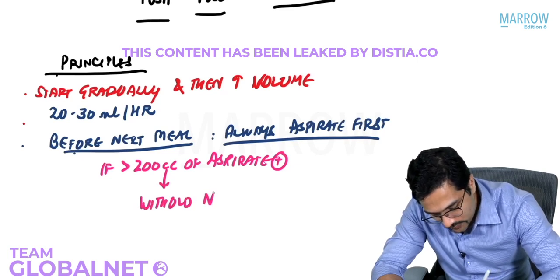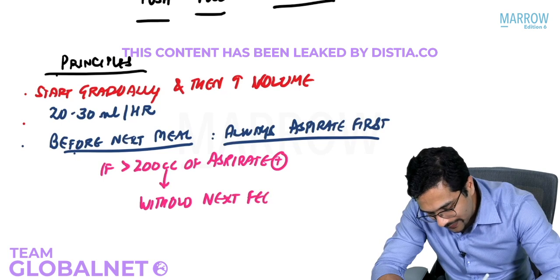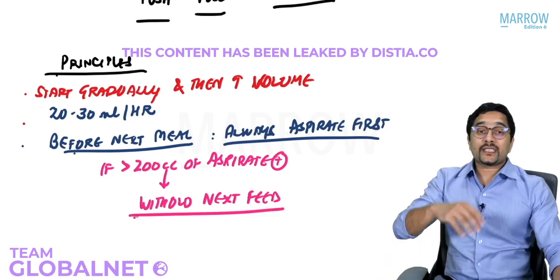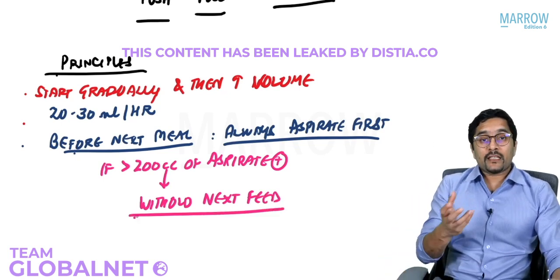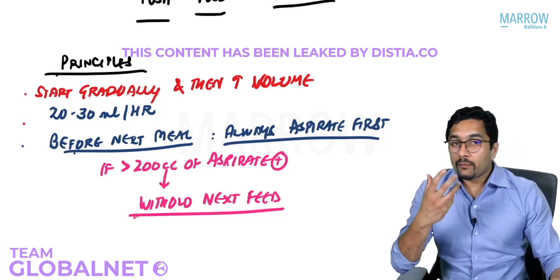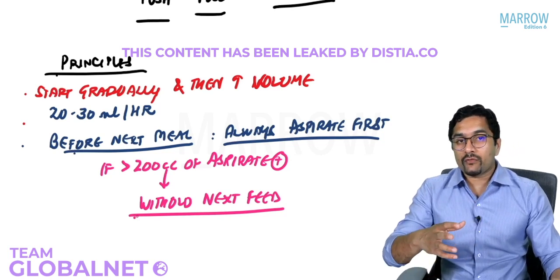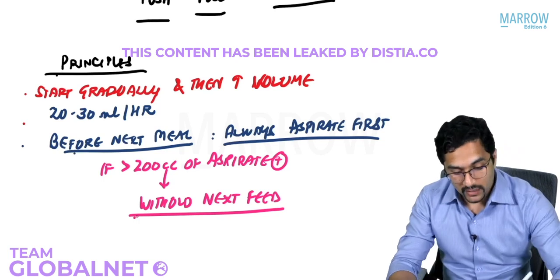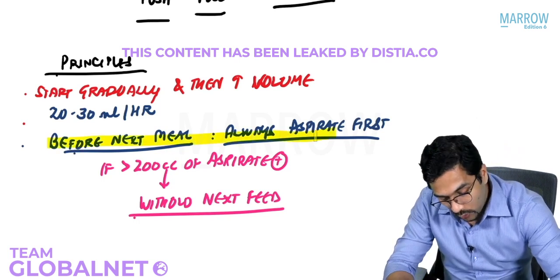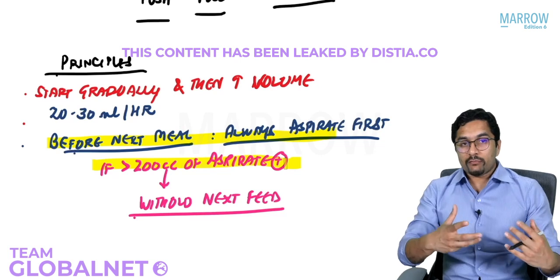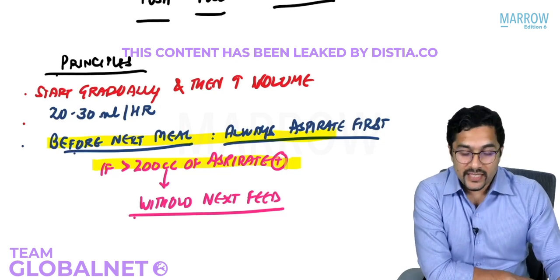Why is this aspirate coming out? Because it's not moving forward, because maybe the bowel is in ileus. So if the bowel is in ileus and the food is not moving forward, we will not give the next meal. We will hold it. Otherwise, if you give a lot of meals, the patient can aspirate.